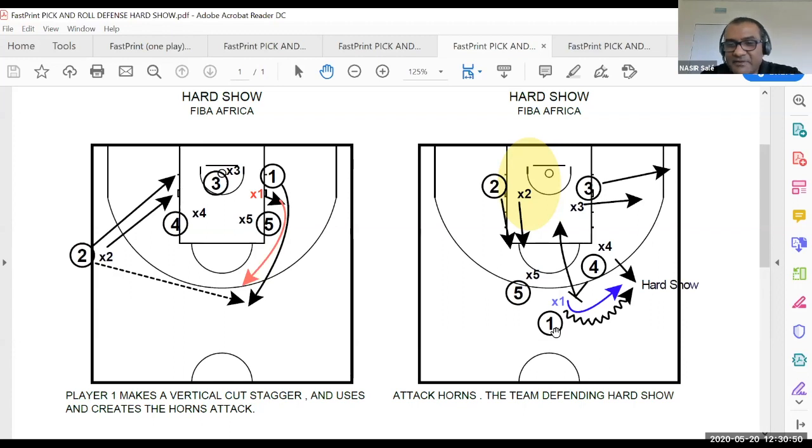This is the same. This X1 uses the over defense, and we have good help from X4. The helper comes to the hard show and goes back to the same player.